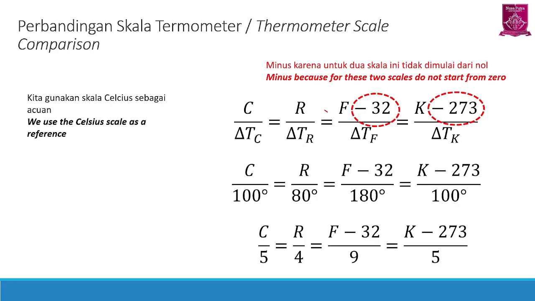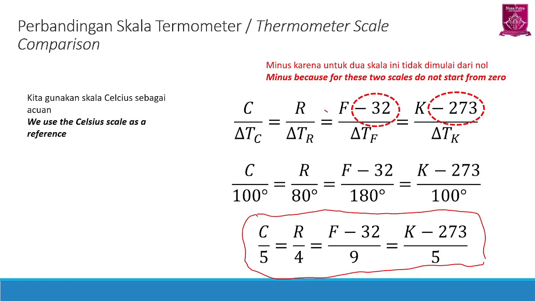For Fahrenheit, we subtract 32, and for Kelvin, we subtract 273. Now we substitute the temperature differences, and we have this last formula. This scale comparison we can use to convert from Celsius to Reaumur and so on.